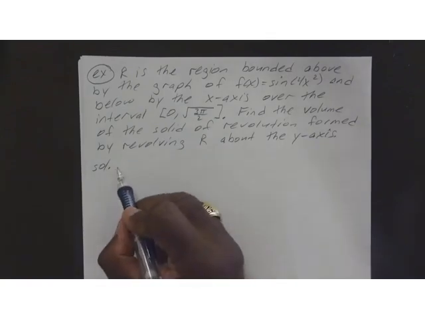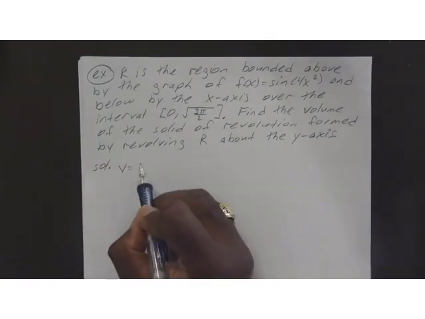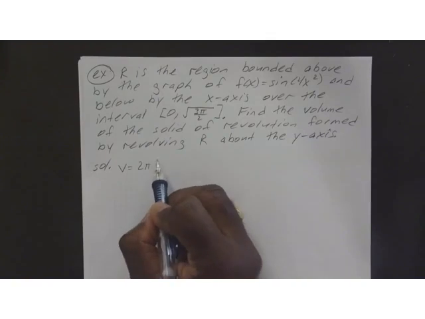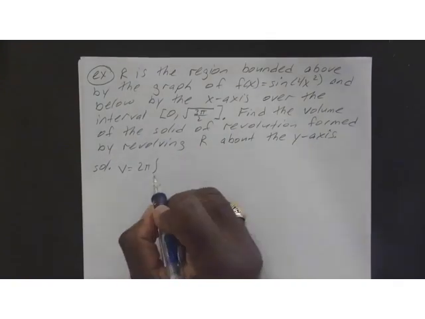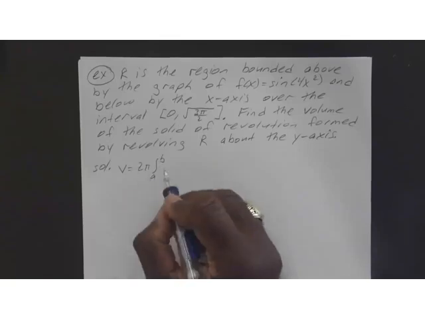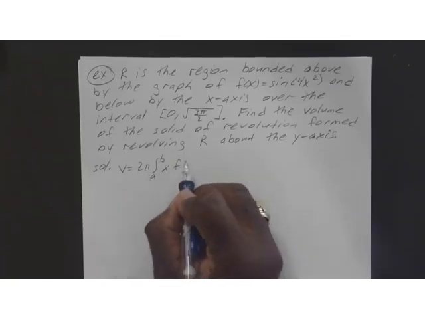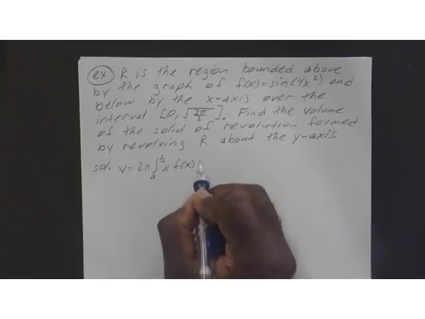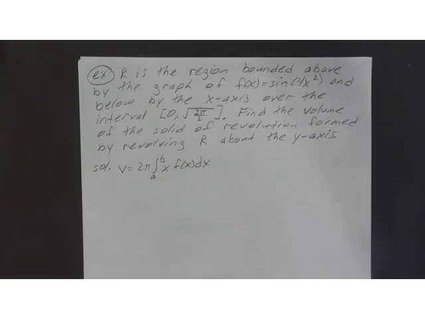We know that our volume is equal to 2 pi times the integral from a to b of x times f of x, with respect to x.